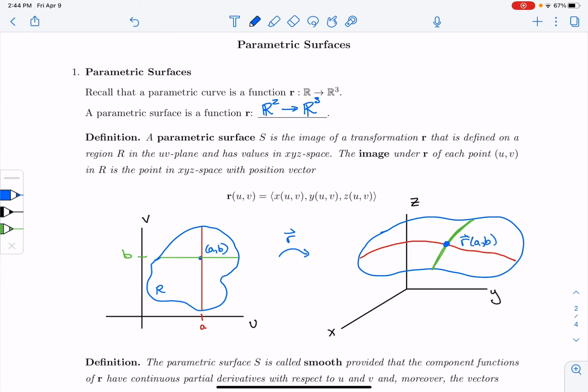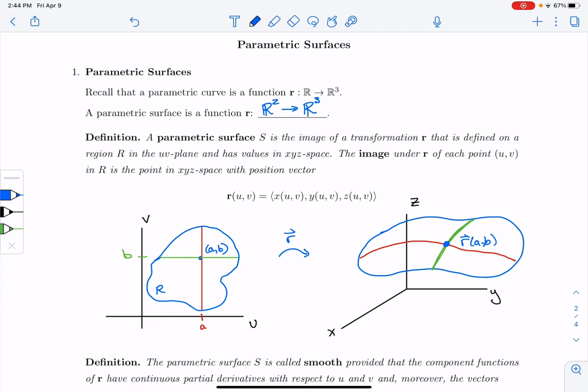That is given by three functions: x, which is a function of u and v, y, which is a function of u and v, and z, which is a function of u and v. So the z coordinate you can see on the surface.